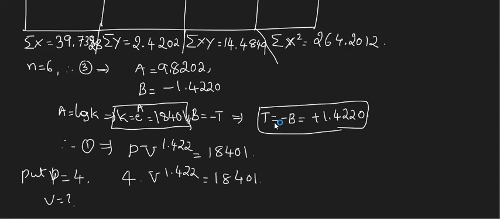How to take it? Take the 4 to the other side. So v raised to 1.422 will be 18,401, and if I shift my 4, it is in the denominator. What is this value? 4 fours are 16, I think.